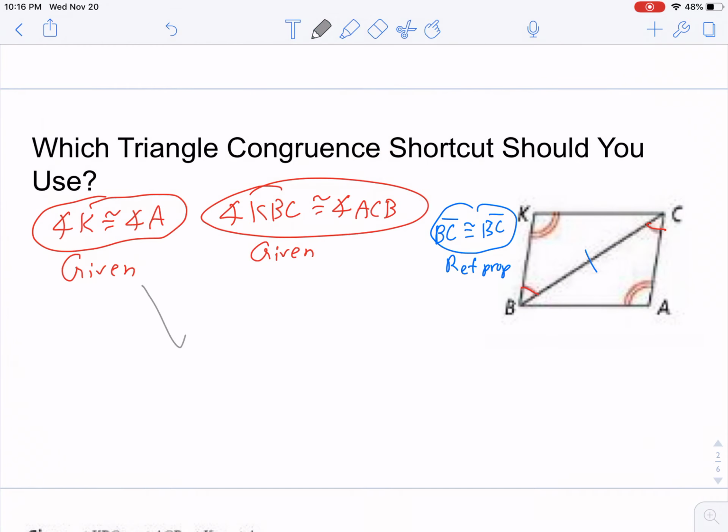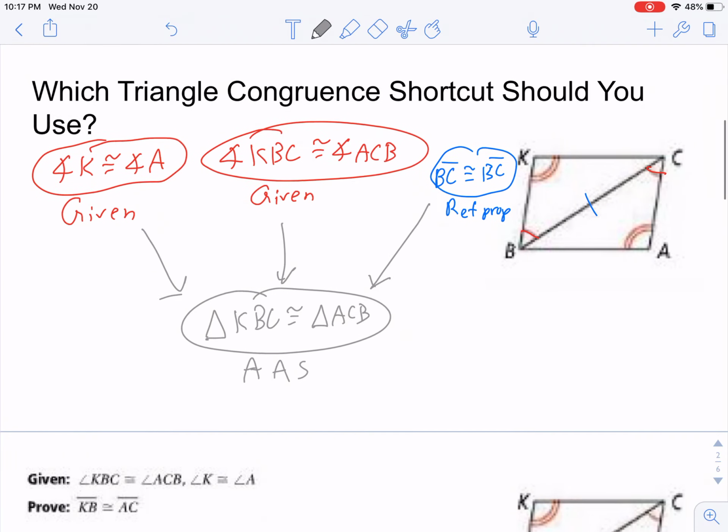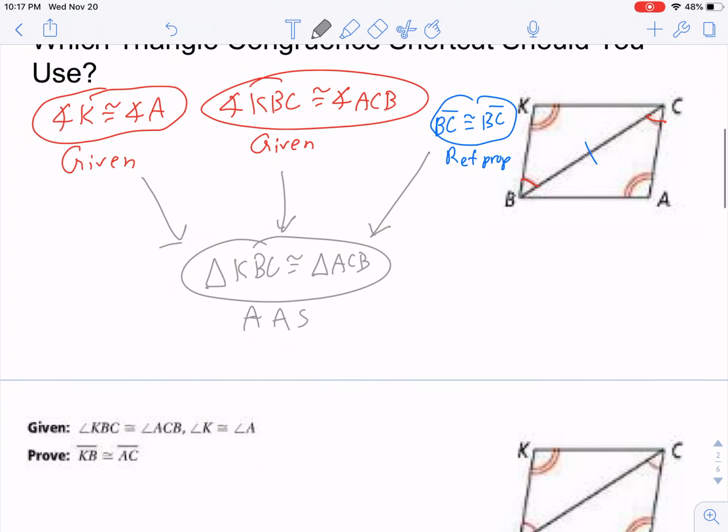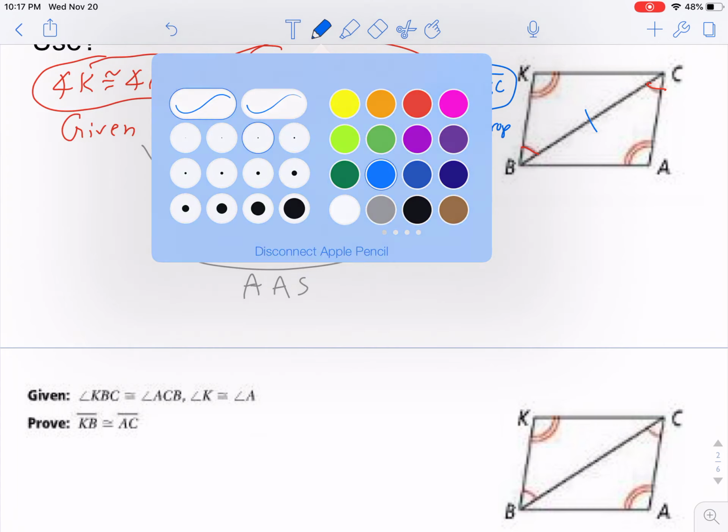That gives us more than enough information to say that triangle KBC is congruent to triangle ACB by angle, side. There we go.